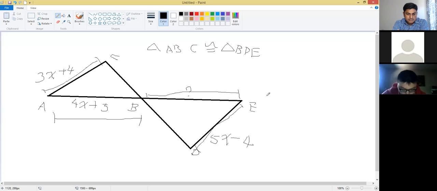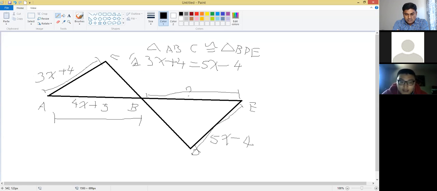So 4x plus 5 is the side of AB, and then 3x plus, okay. So because first we know they're same, so we know this line is equal to this line. So first, 3x plus 4 is equal to 5x minus 4. That's step one.